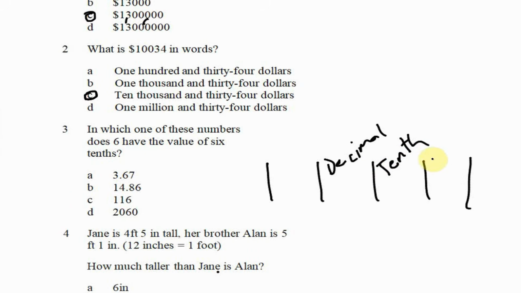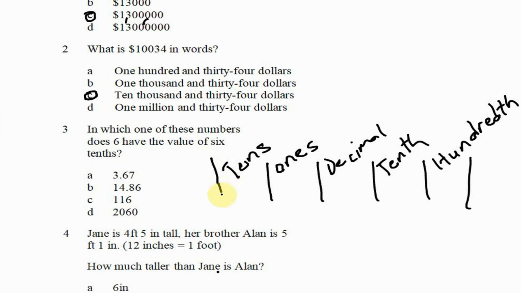After that we'll have our 100th column, and after that we'll have our 1000th column, and so on and so forth. Now to the left of the decimal point we'll have our ones column. Next we'll have our tens column. After that we'll have our hundreds column, and next we'll have our thousand column, and so on and so forth.